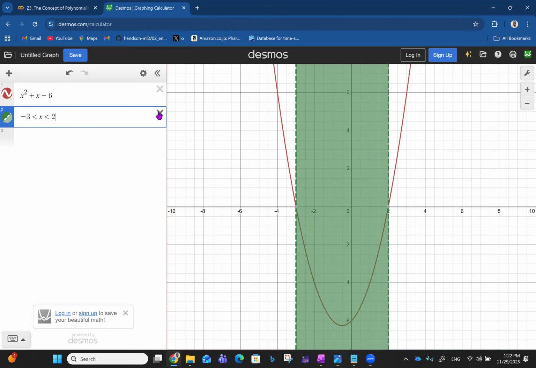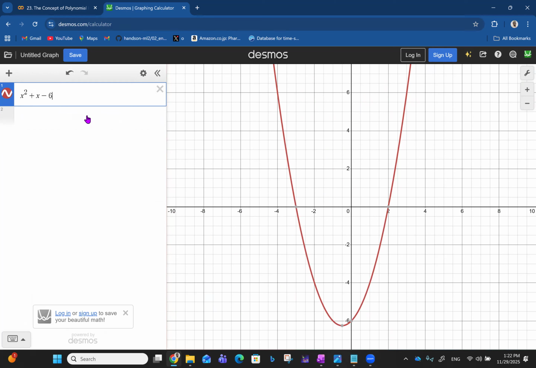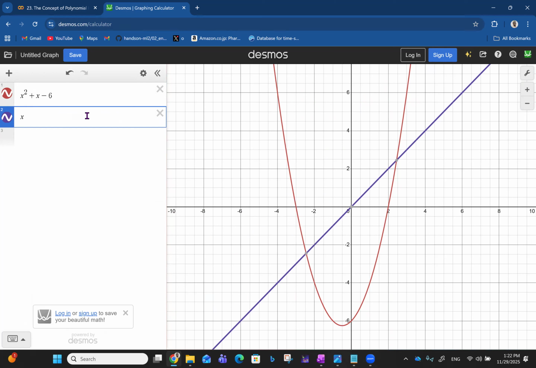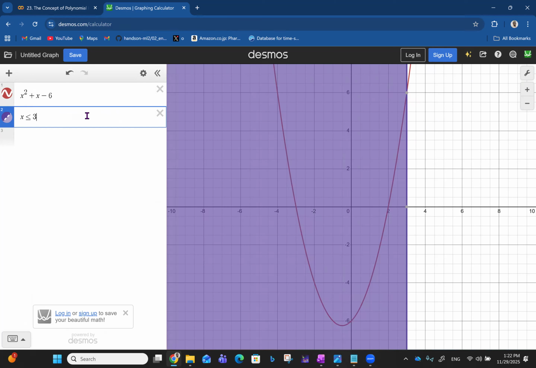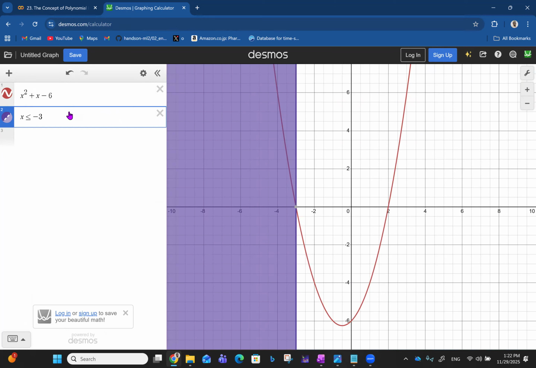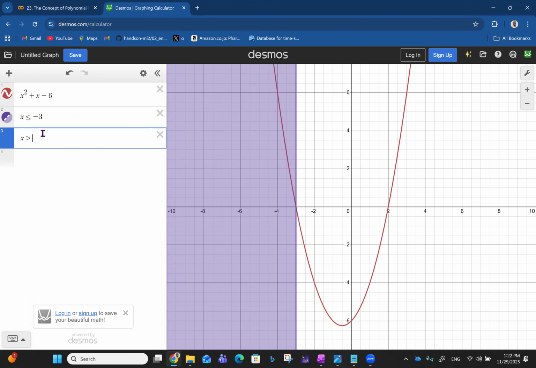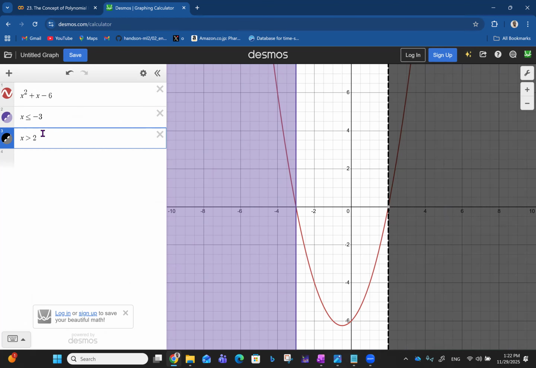Then what if the expression is greater than or equal to 0? That'll be what we did before: X is less than or equal to -3. So now the line is solid. Then the other time we also had X greater than 2, but now we want it to be inclusive, that is greater than or equal to 2.